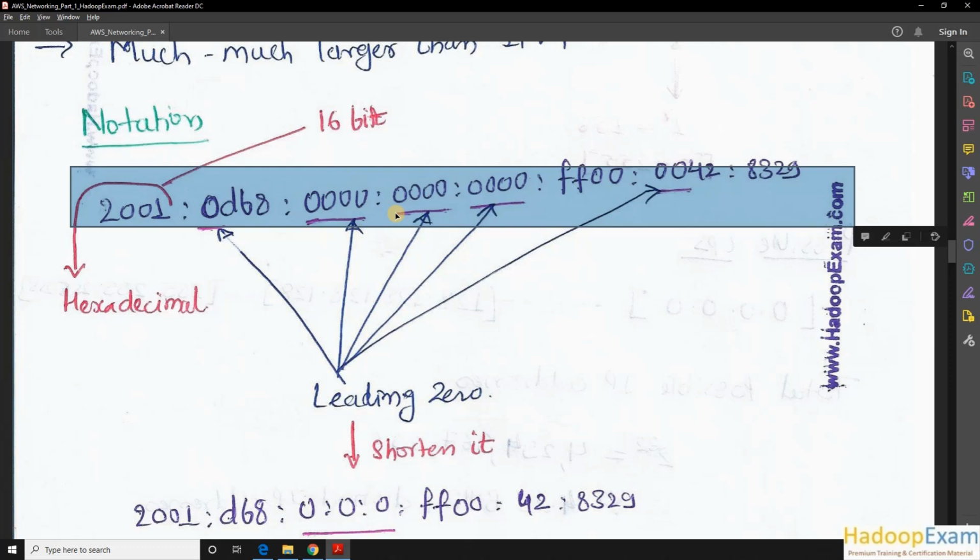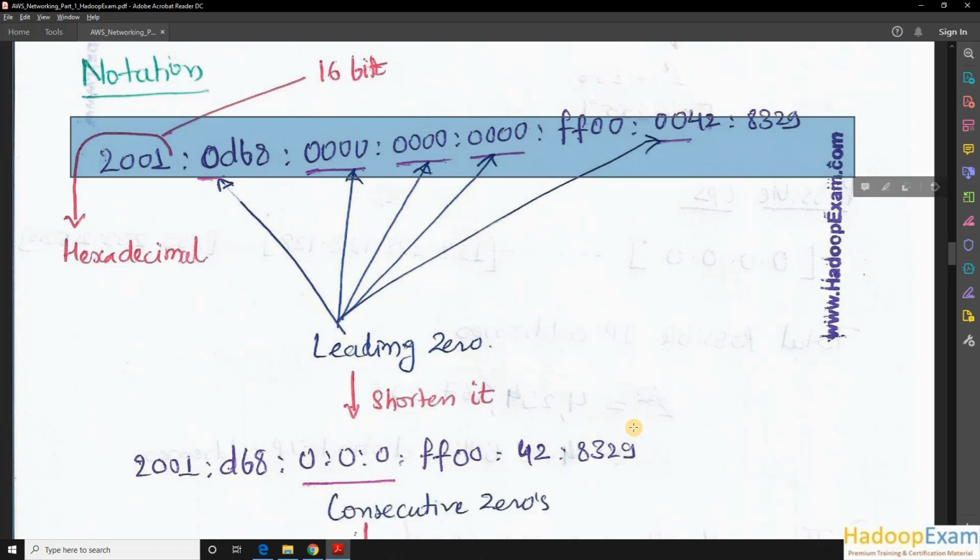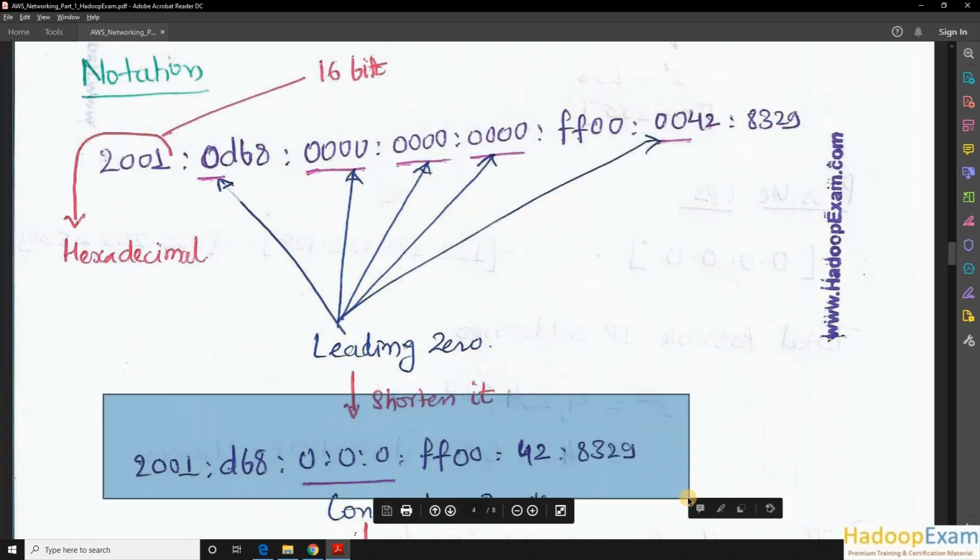Here in this IP, how many leading zeros? Three zeros are leading here, three here, three here, and two zeros here. So we would be removing these leading zeros, and creating the IPv6 address like this.